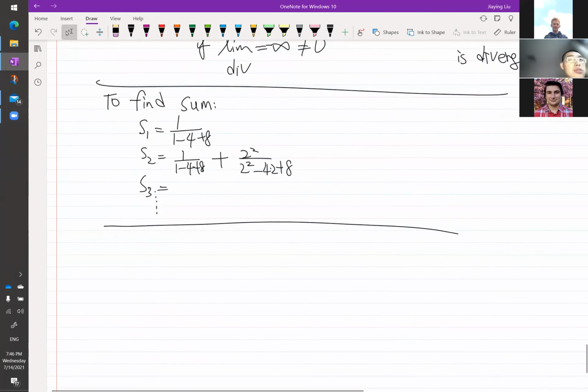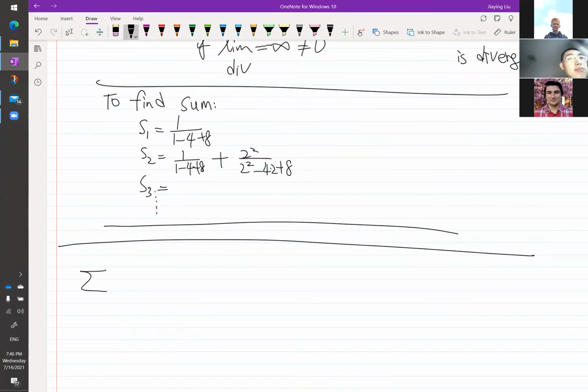All right, so Jacob has a question, which is the sum from n equals 1 to infinity of the square root of n cubed plus 1, divided by 3n cubed plus 4n squared plus 2.